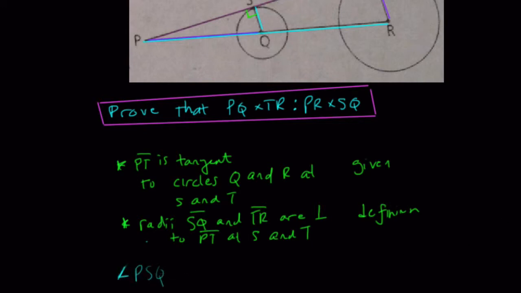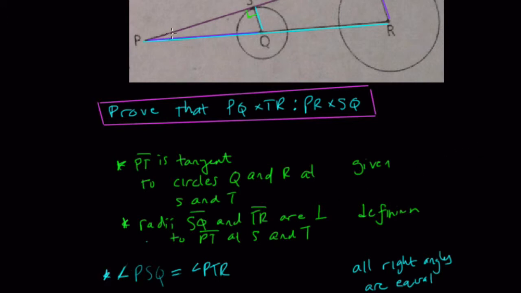PSQ is equal to PTR. Sorry again, PTR. That's because right angles equal themselves. Or I guess you could say all right angles are equal. So we got 3 steps in so far.